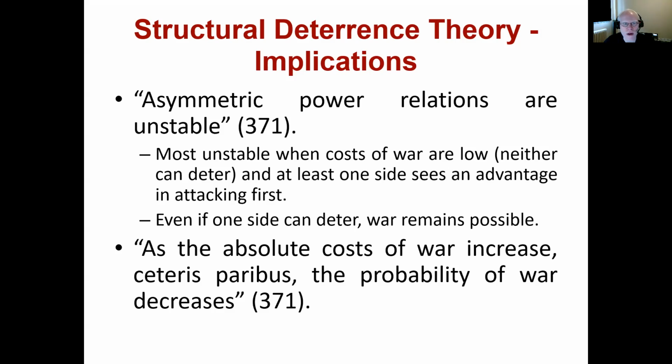Now, one side having a deterrent isn't enough. Say one side has a deterrent; there's nothing to say it can't exploit that deterrent and attack the other. Let's go with France and Germany, because France has nuclear weapons and Germany does not.